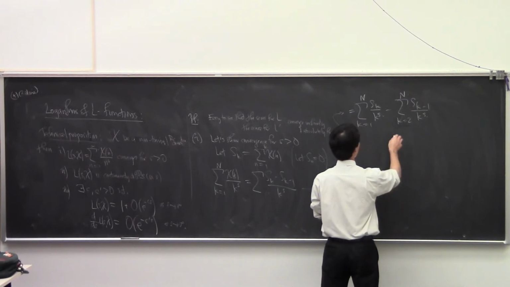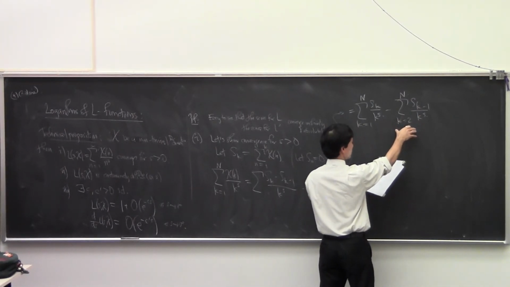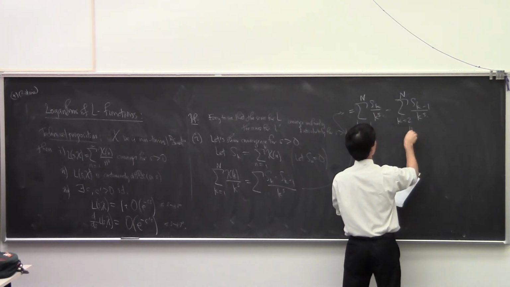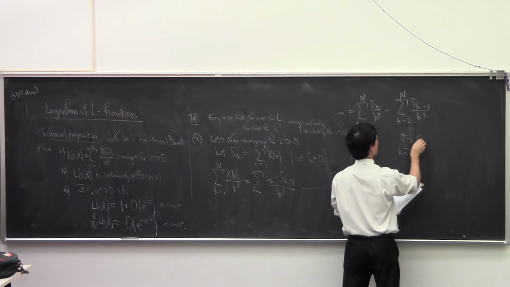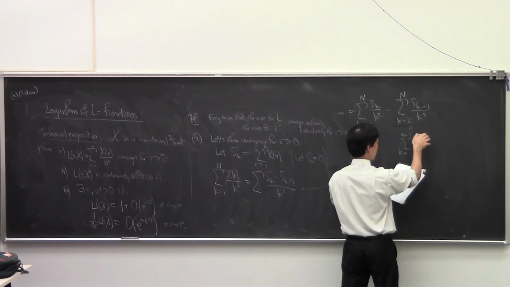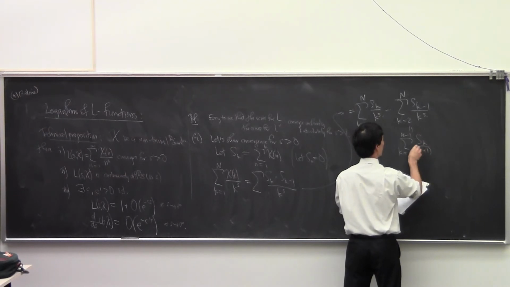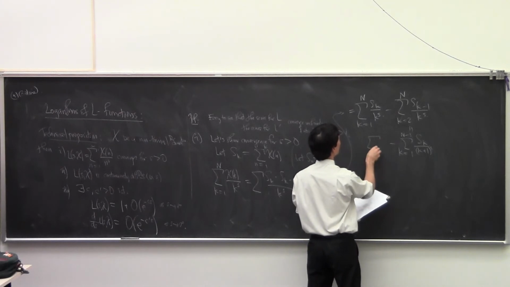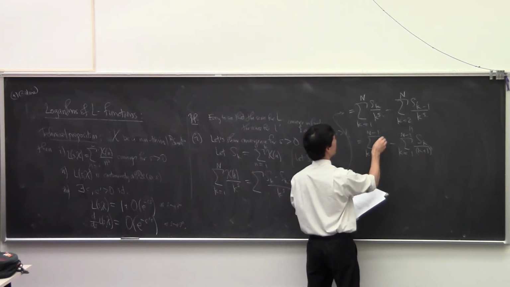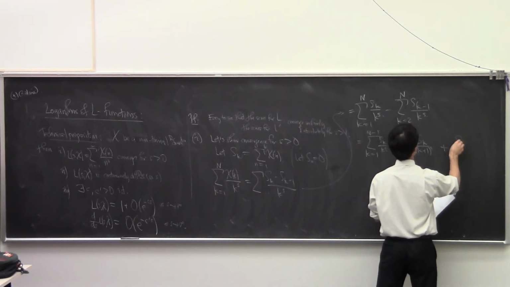Then we shift the index so that we go from k equals 1 to n minus 1. If we were shifting the index down, then we have to shift these guys up, so we get k plus 1. We take this one from k equals 1 to n minus 1, and let's put the last term over here.